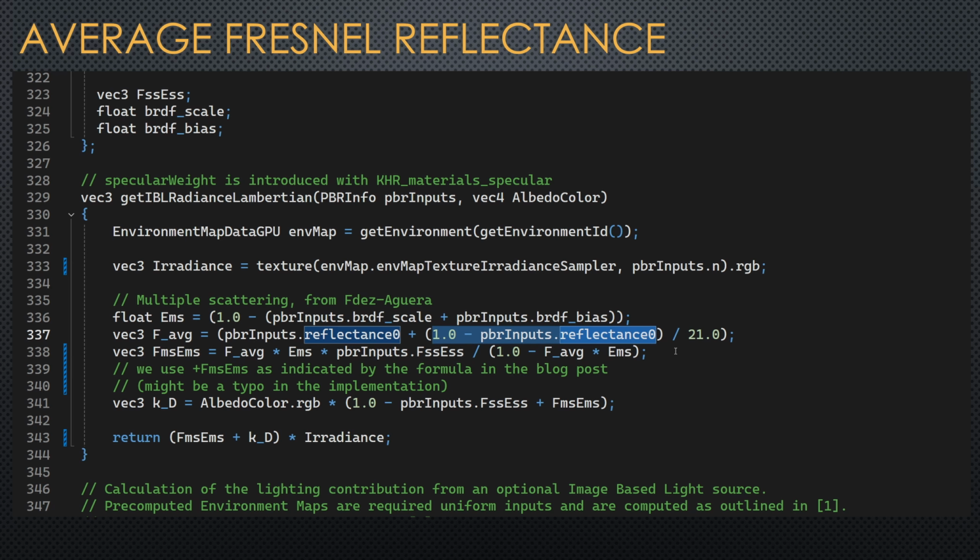We divide the remainder by the magic number 21. This is an empirical constant which comes from a lot of research and trial and error by many people. It compresses the integration of Fresnel over the hemisphere into a single scale factor, and as always, it is an approximation intended to get rid of expensive computation.